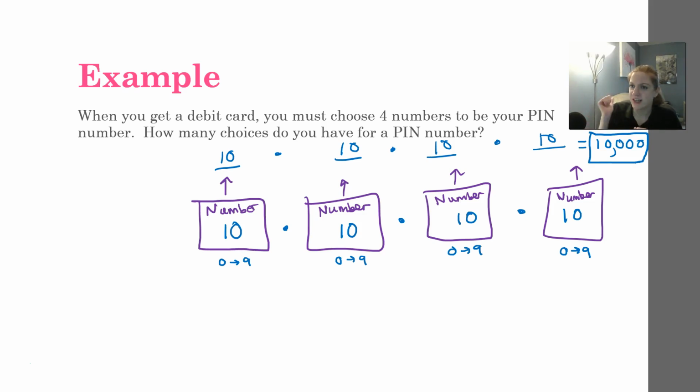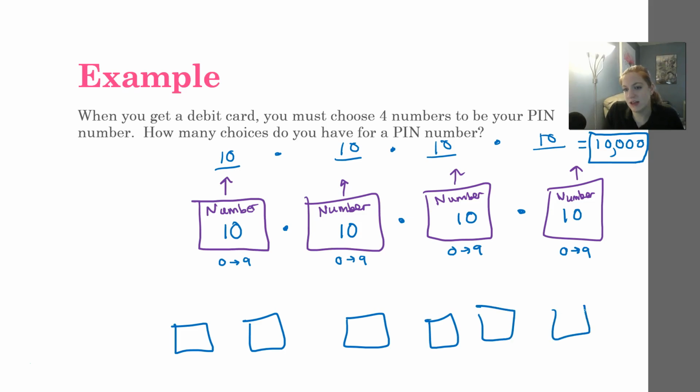Although I think it's funny, I just got a new iPad and they actually increased it so it's a 6-digit PIN. So if you think of a 6-digit PIN, we'd have to have 6 boxes, each with 10 choices. I don't know why my boxes are not the same size, but you can see how many combinations there are for 6 digits.